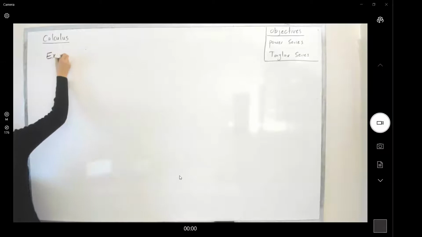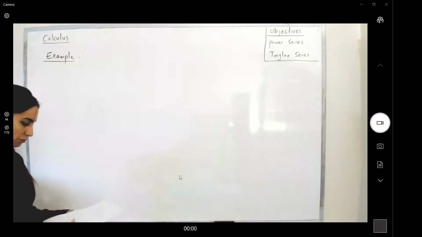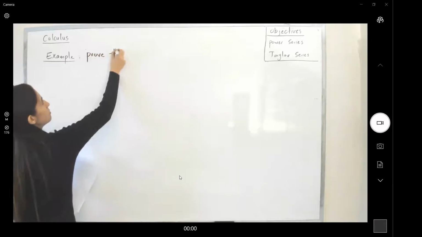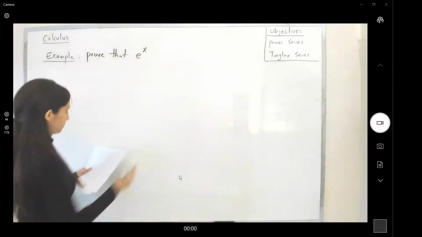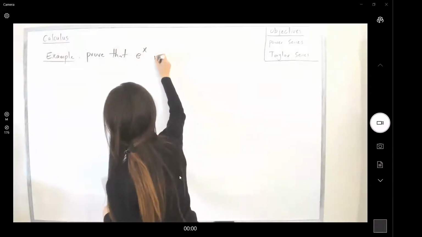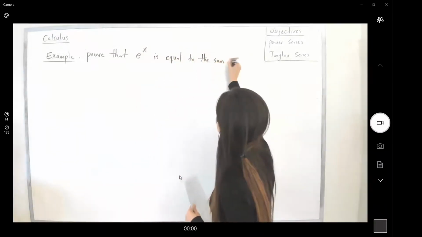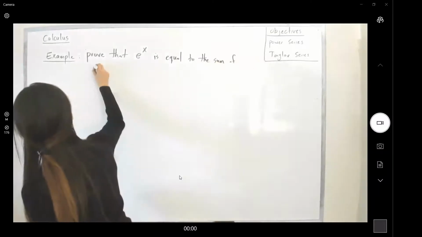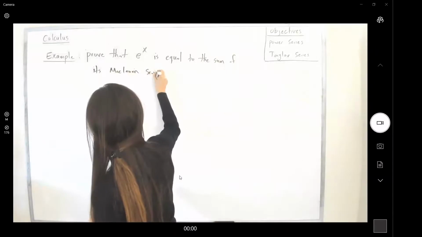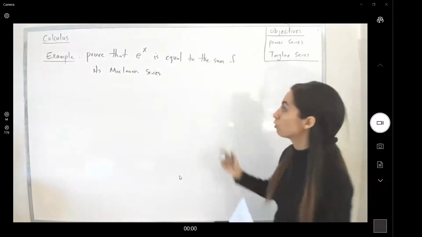This example says, prove that function e to the x is equal to the sum of its Maclaurin series. Maclaurin series means that you have a Taylor series and the center is equal to 0.